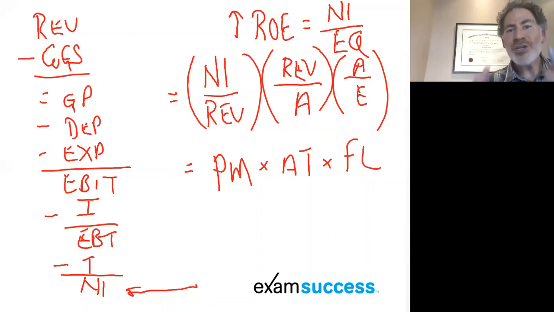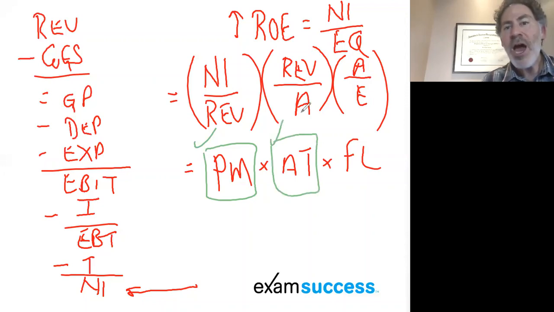And what I can do now as an analyst is say, what is responsible for the increase or the result for return on equity? Is it rising profit margins? That's a good sign. I like to see that. Is it improved utilization or efficiency in terms of my assets?